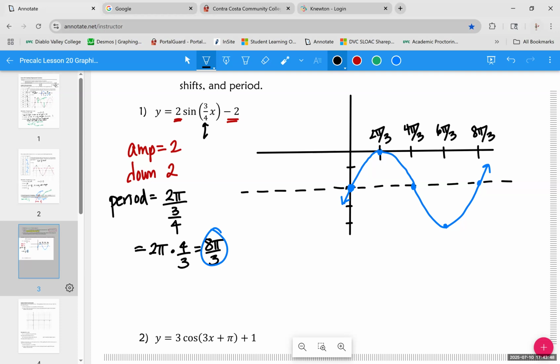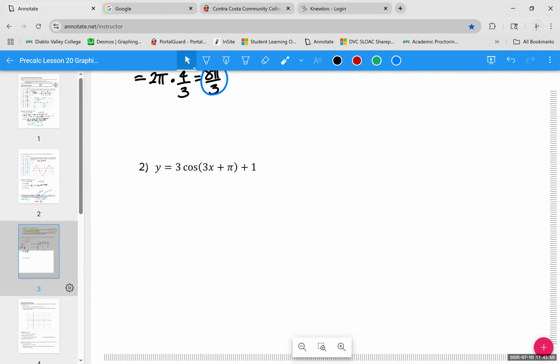Let's do a cosine curve. Okay, so same thing. We're going to start by picking out our amplitude, which in this case will be 3. This one is going to go up 1. So I can almost already start drawing my axes, but I'm just going to write down the rest of my information. What is my period?